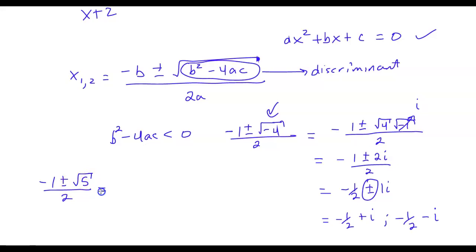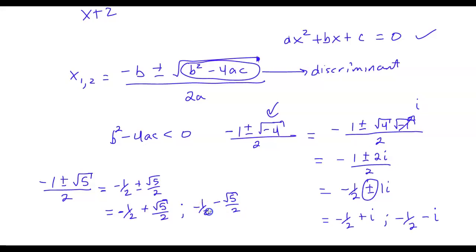But again, if I rewrite this, we have two separate answers here, which is -1/2 plus square root of 5 over 2, and -1/2 minus square root of 5 over 2.